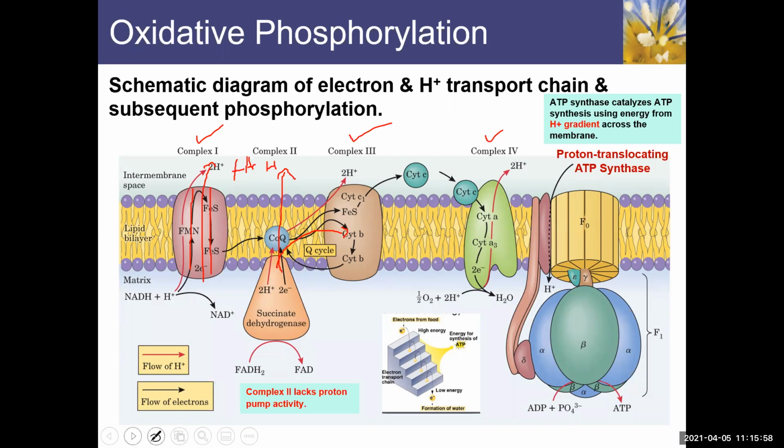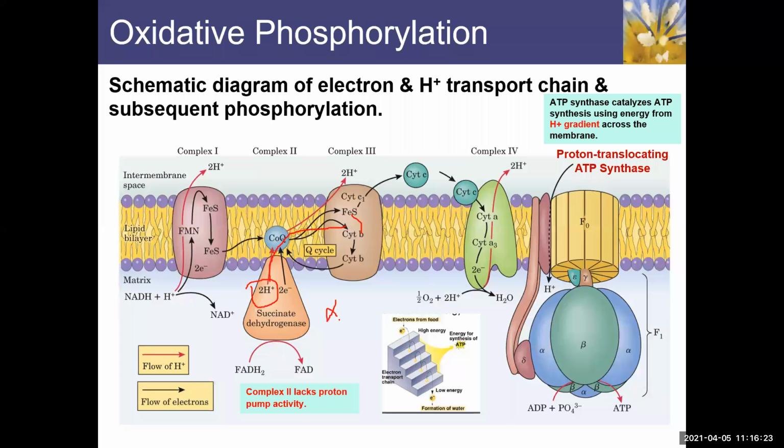However, look at the diagram over here. It is able to pump the protons here, and then from here it sends the protons to complex 3. That means it has proton pumping activity, but those protons can be sent to complex 3 and complex 4, but those protons cannot be pumped over here into the intermembrane space.